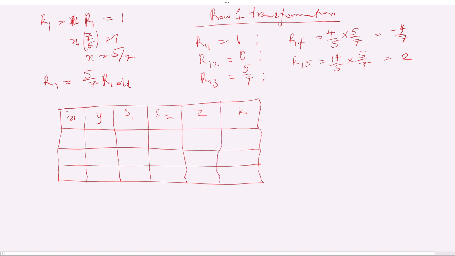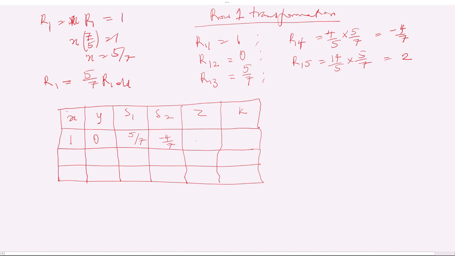Okay, so the new value of R1, let's just slot it in here. So this is 1, 0, 5 over 7, minus 4 over 7.